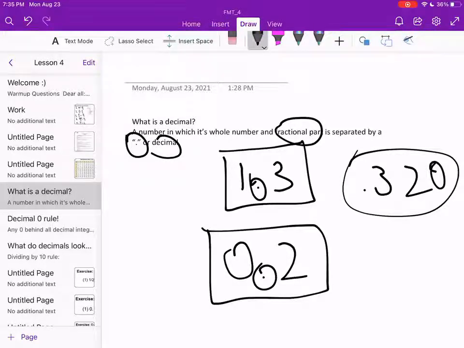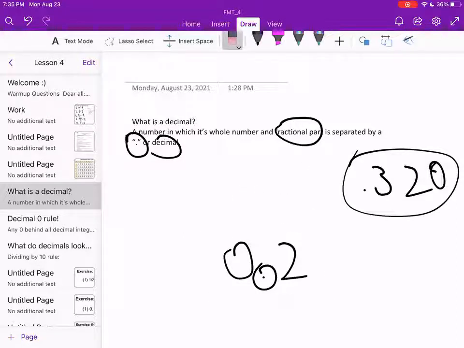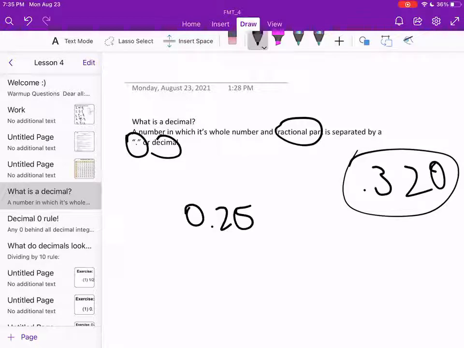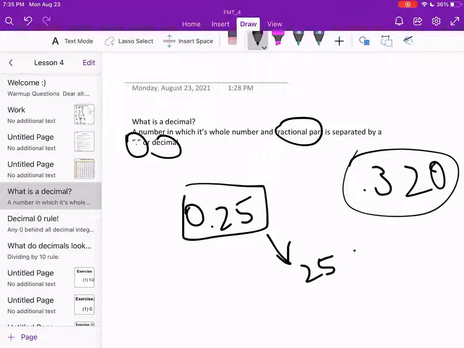They're all linked. So let me give an example real quick. If I say 0.25, that's a decimal, right? But I can also say that is 25%. Or I could also say that this is 1/4.